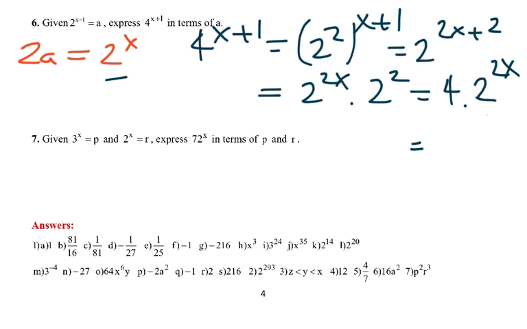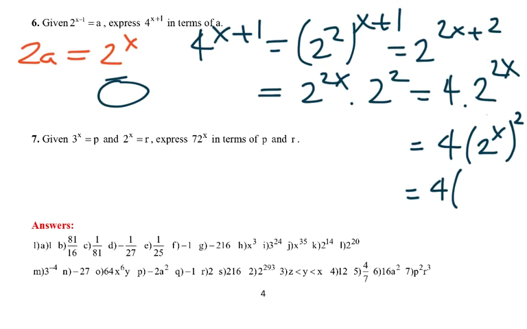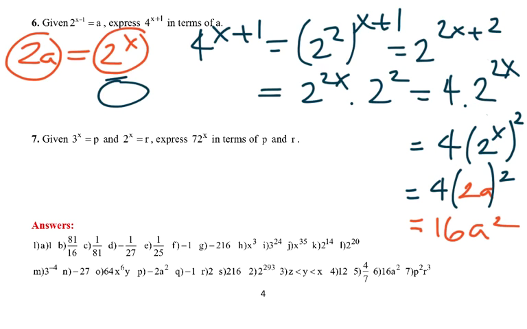And now, if we want to write it in terms of 2 to the x, we can have 4 times 2 to the power of x all squared. So we've got 4 times. We're now going to substitute this value in for 2x. 2a all squared, and we end up with 4 times 4a squared, so 16a squared.